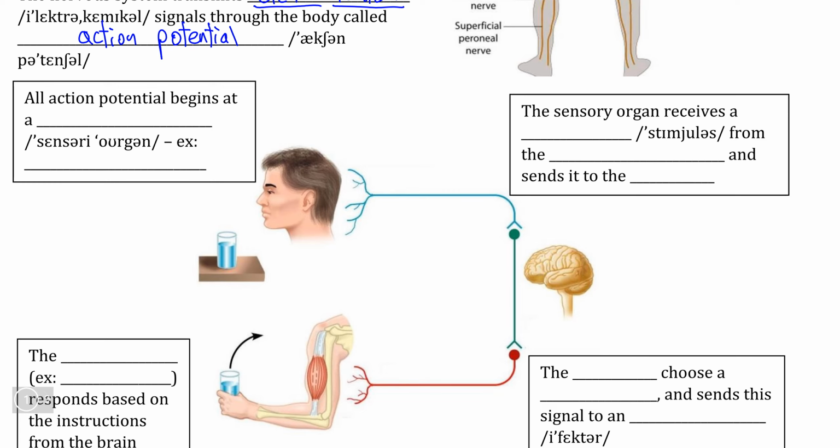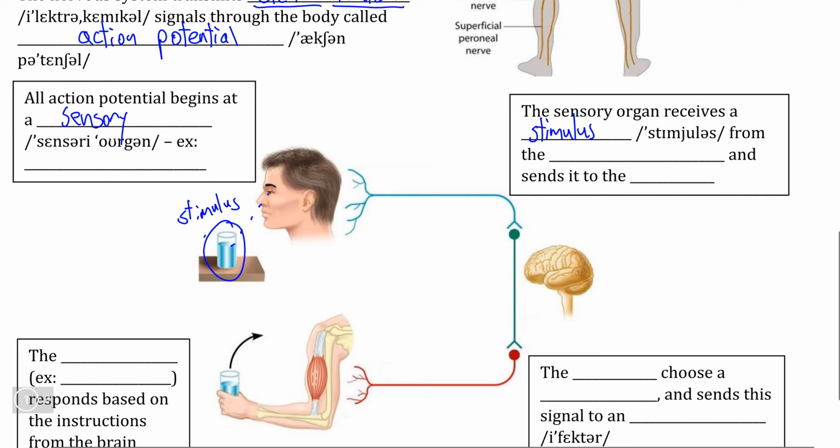Now, all examples of action potential begin with something called a stimulus. In this case, the human eye, recognizing that there is a glass of water here, is an example of a stimulus. A stimulus is any environmental effect that can be recognized by the human body, specifically with the aid of organs that we call sensory organs.